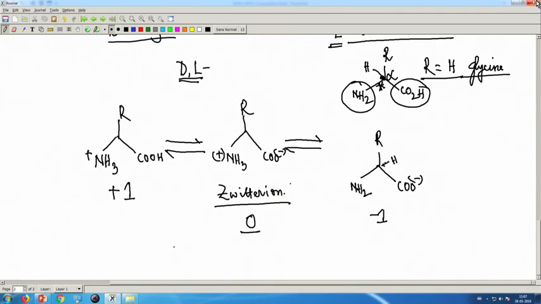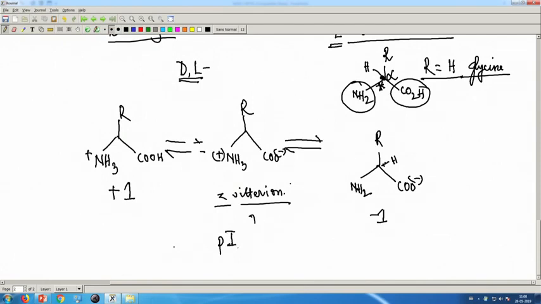Now, what will be the pH at which the zwitterion is present? We can deduce it later on; there is a formula. That pH is basically pI.